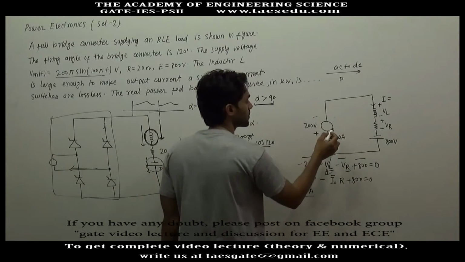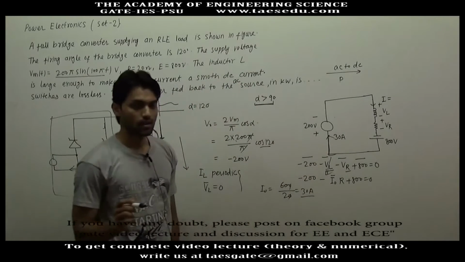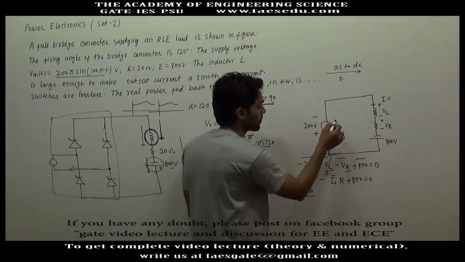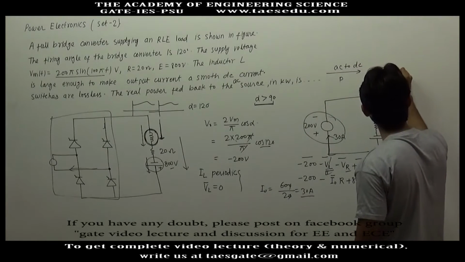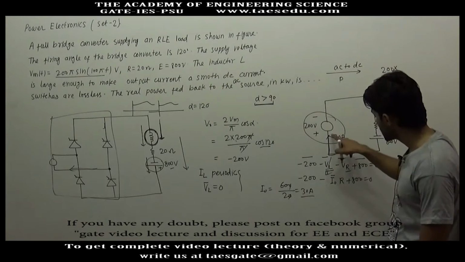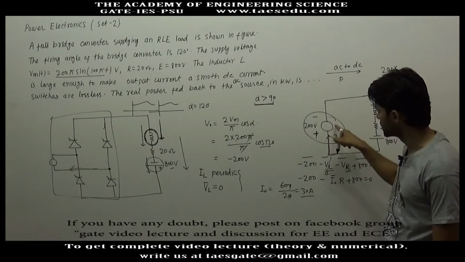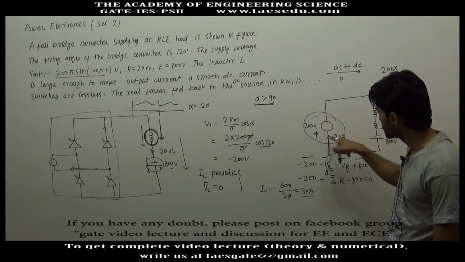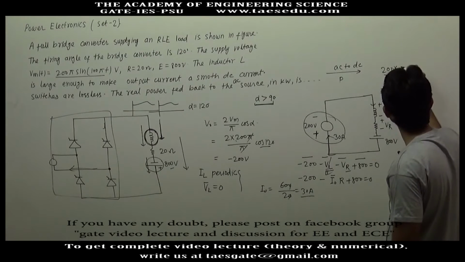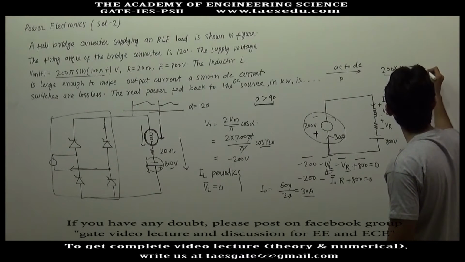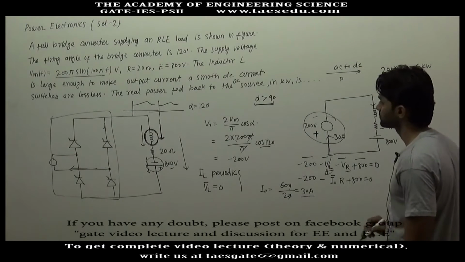So power absorbed by this source is its voltage, and since current is entering into the positive terminal of this source, this source will absorb power, and the magnitude of that power will be 200 into 30. This will be 6 kilowatt.